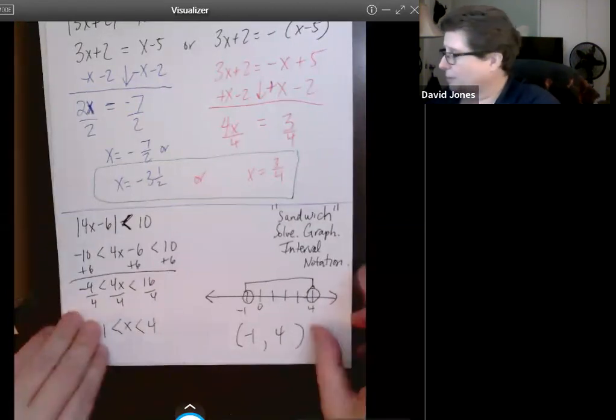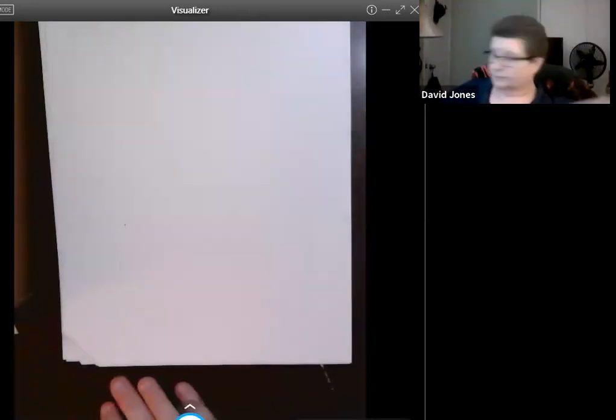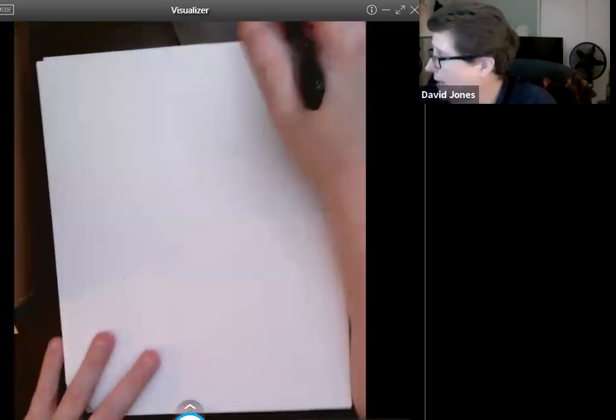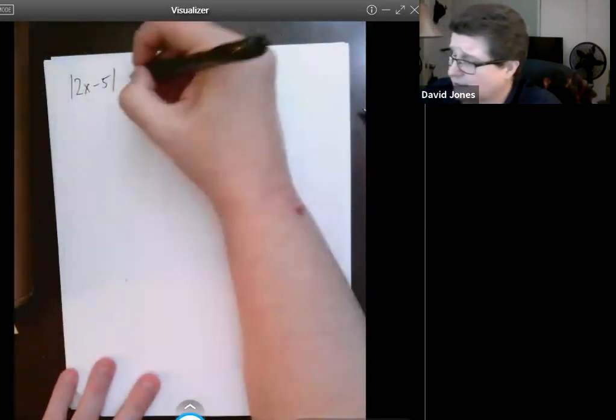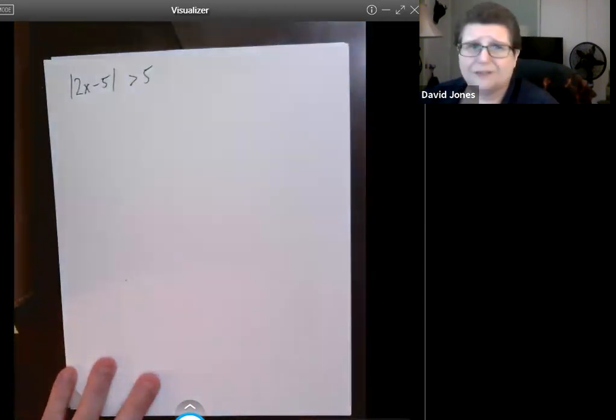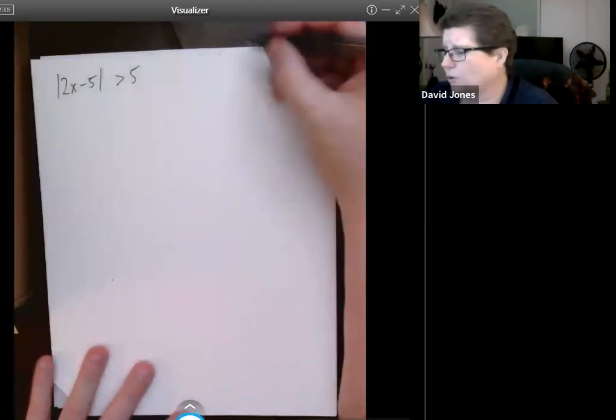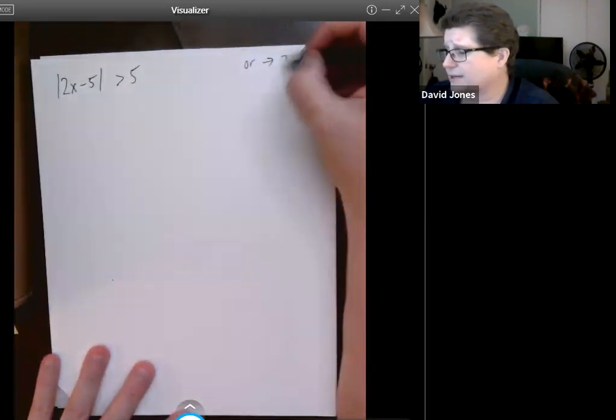Let's take a look at a plus one real quick. The absolute value of 2x minus 5 is greater than 5. Why don't you try solving that one? Remember, greater than is going to lead to 2 regions.